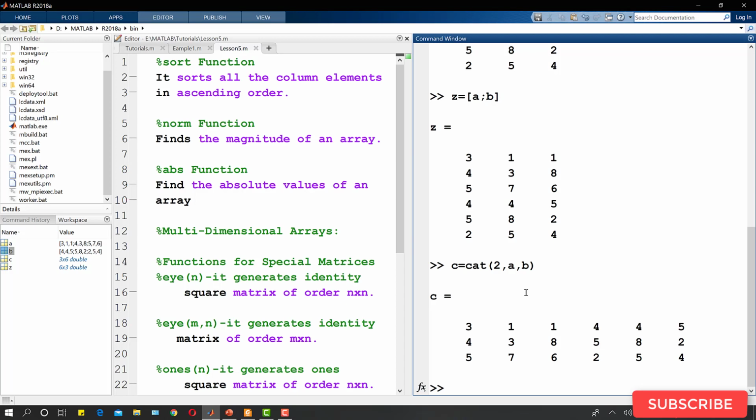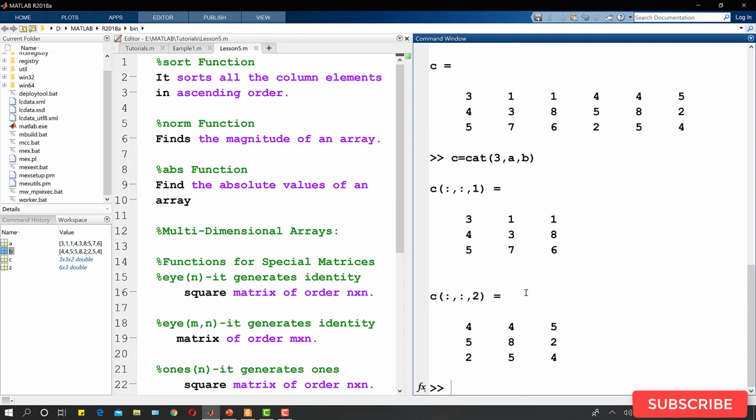Now let's suppose I write C = cat(3, A, B). If I write it like this, it will create a three-dimensional matrix. We can see that it has the same result as we got with the previous method. Now it's a three-dimensional matrix. This is the A matrix and this is the B matrix.